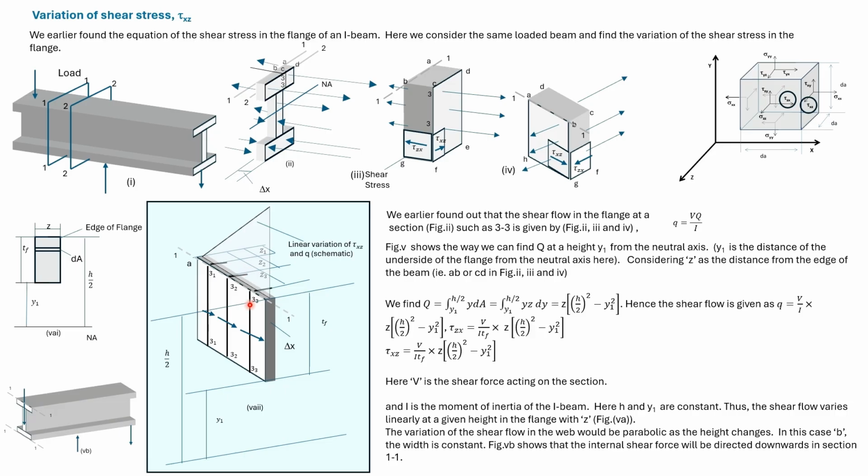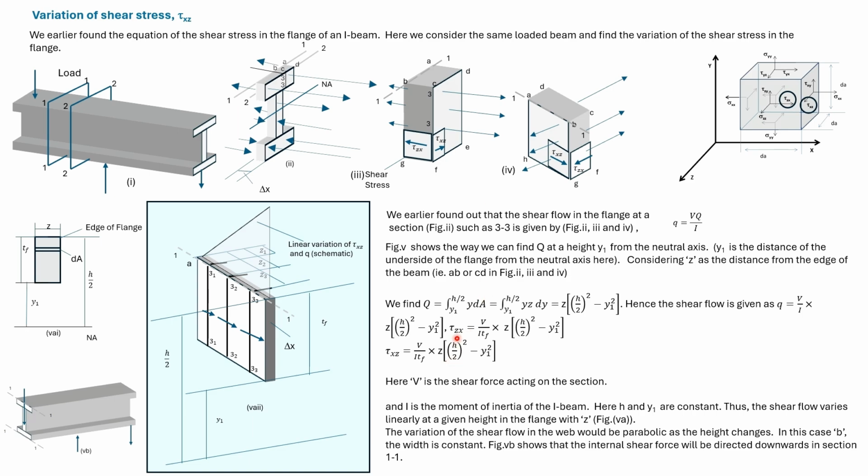Consider section 3-3, 3-3. The corresponding Z is Z3. We take statical moment of this area, which is greater than the previous case. So tau Zx will be still larger, and as such, tau xz around the corner will be still larger.